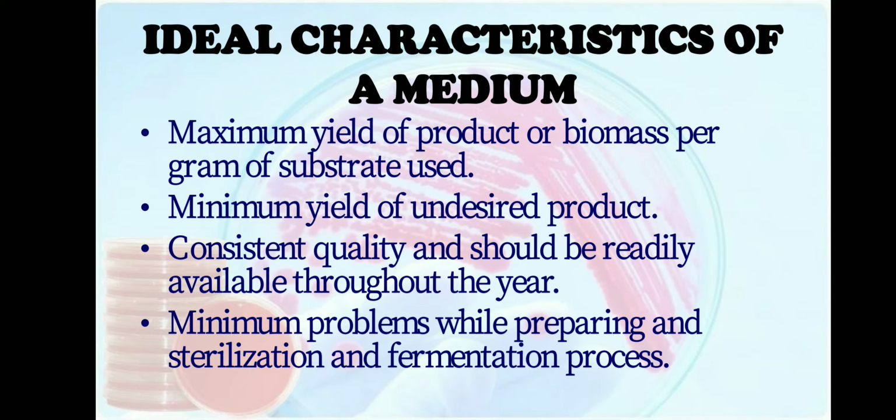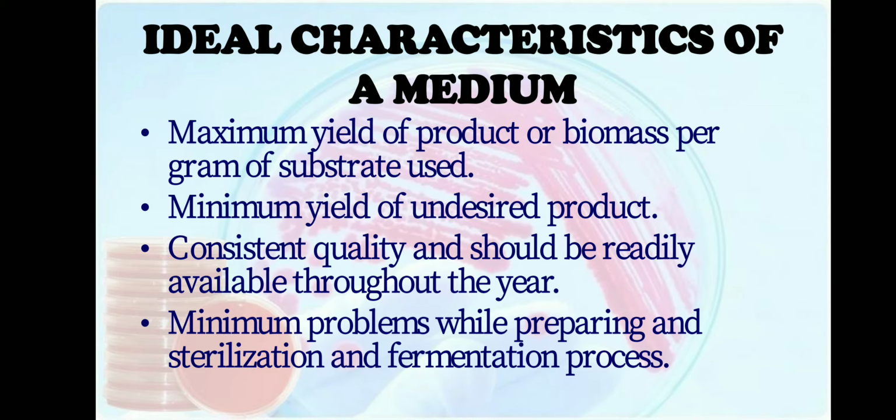It should not lead to undesired product formation. There should be either minimum yield of undesired product or it should not yield any undesired product. The product should be of consistent quality, and the substrate used for the media production should be available throughout the year.